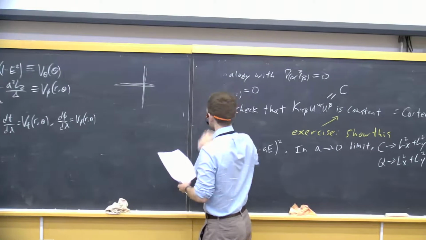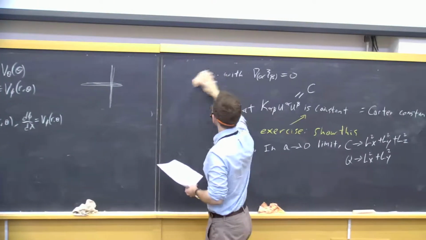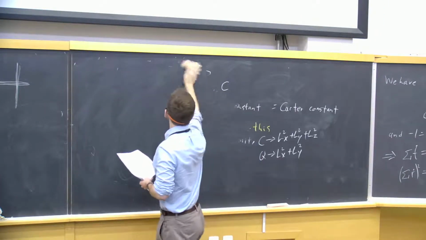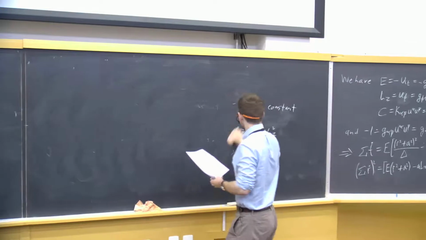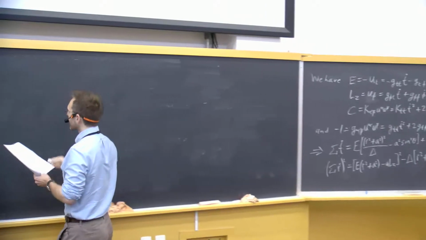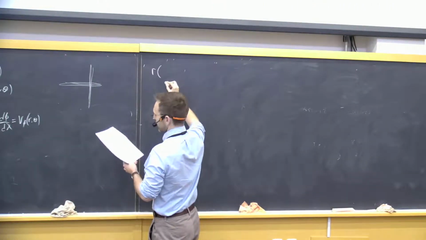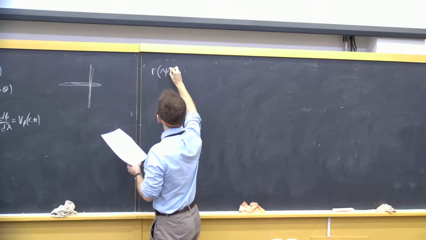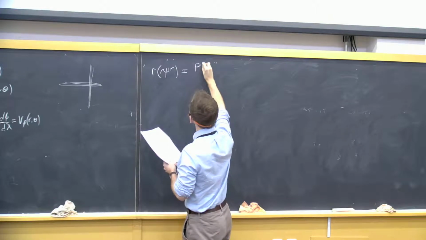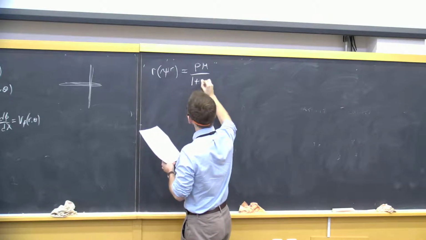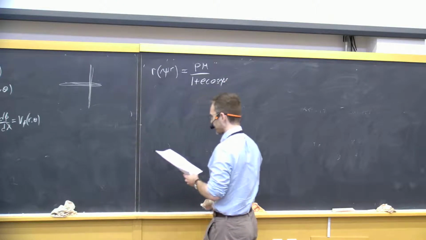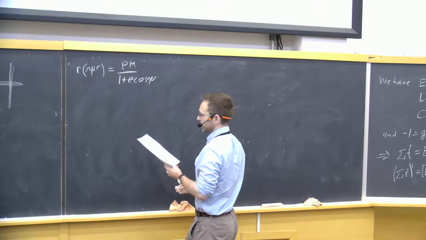So just like we did, we can write this oscillatory motion in terms of phase variables. So let's write the radial motion as R, the radial phase, just as we had in Schwarzschild.